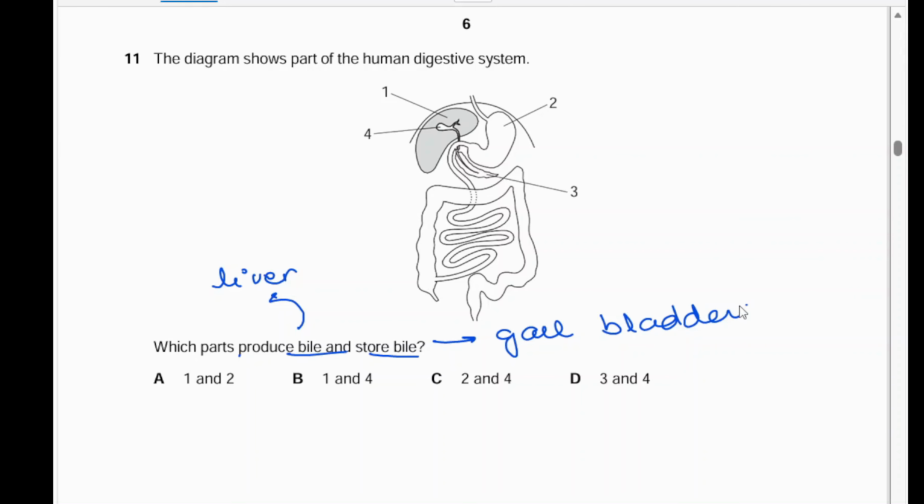What is this bile gland? Gallbladder is four. Third is pancreas. It's a leaf-like structure. So the answer is 1 and 4.